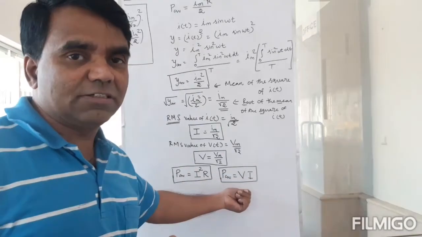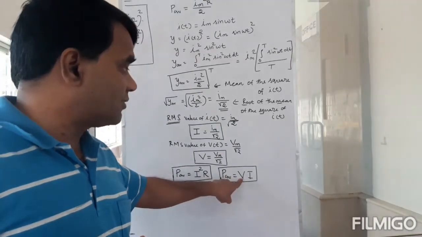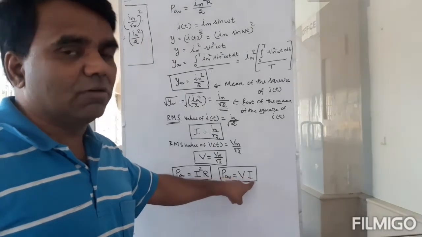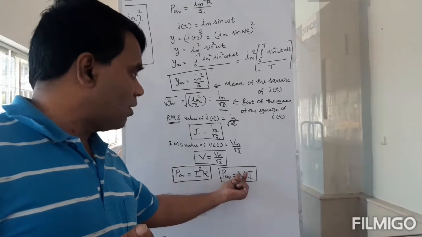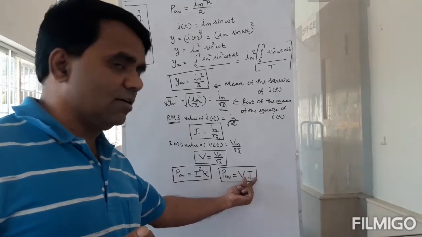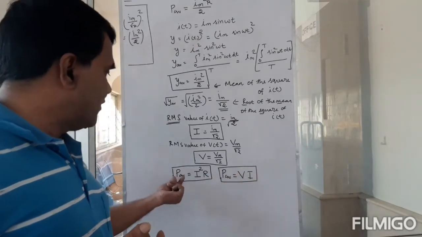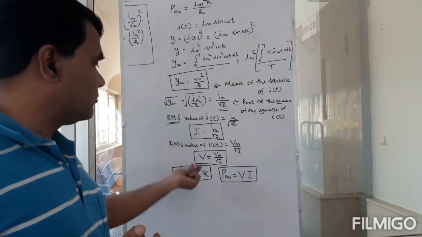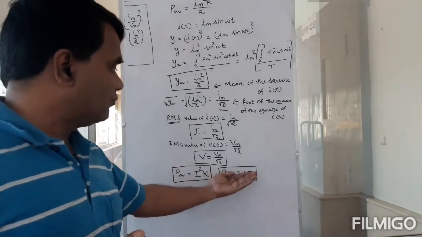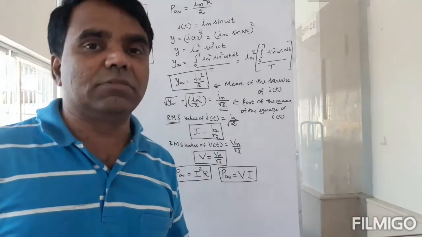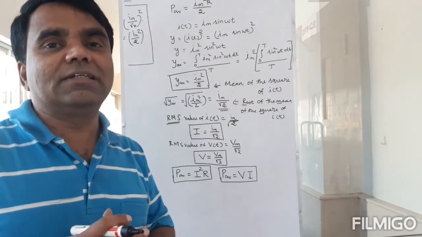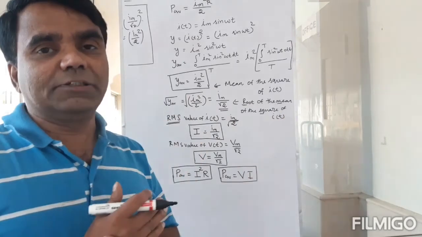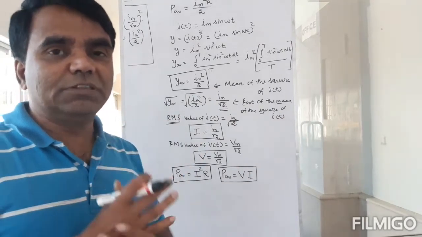The mean value will be 0. But this is RMS value. And this is also RMS value. So average power is equal to VRMS multiplied by IRMS, or average power is equal to IRMS squared into R. Now you got two equations which are very similar to the ones you had in DC circuits. Hope this is clear to you.